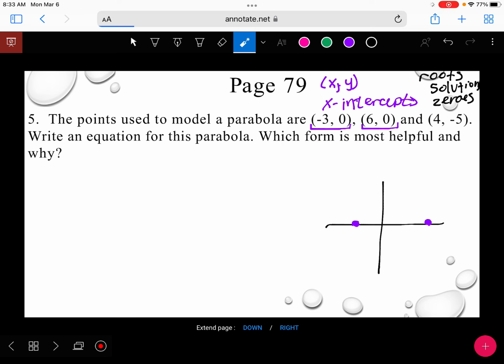Which one of these might help with roots? What letter does roots start with? So then we're going to use our factored form. When we have roots or x-intercepts, we're going to try and use that factored form.